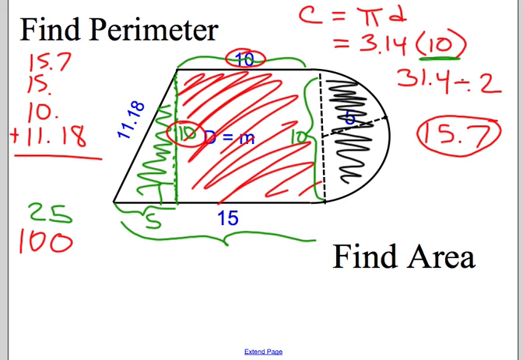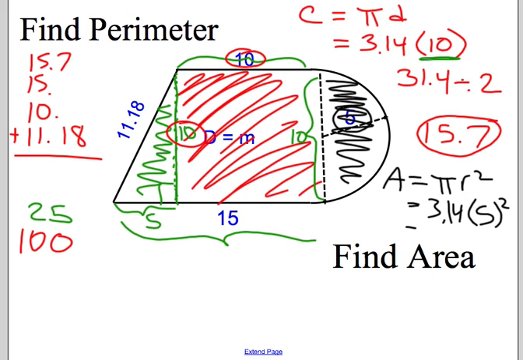Now we just have to find the area of the semicircle. Same deal on this. Find the area of this as if it was a full circle, so you're not trying to divide anything by half until we get to the end. Area of a circle, pi r squared. 3.14, forgot my 1, times the radius. Now we're going back to that 5. Radius is 5.